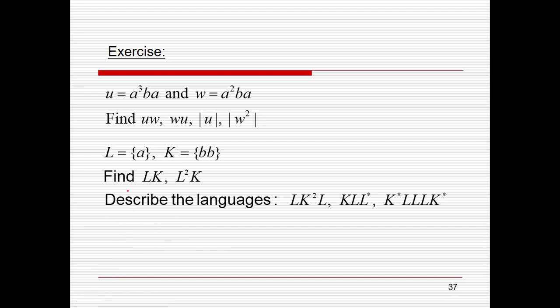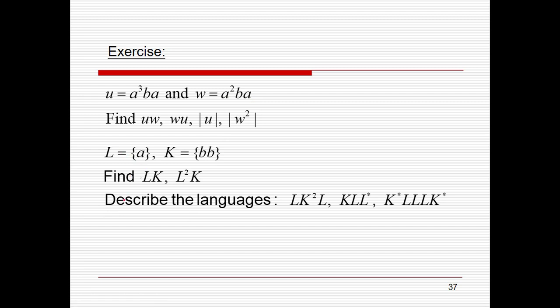If we look at the length of U, so the length of the word U, that would be 5. So AAA, BA. The length of WW would be twice the length of W, so that would be 2 times 4, which would be 8.